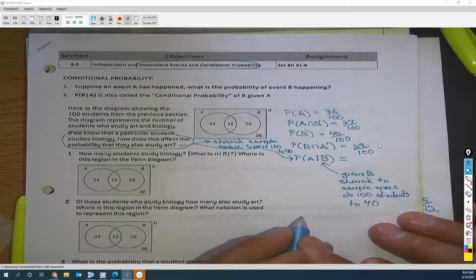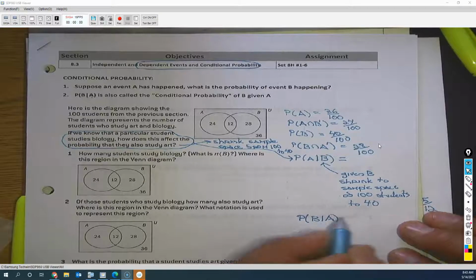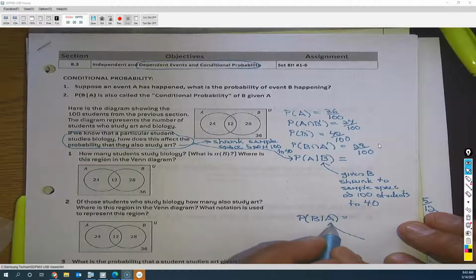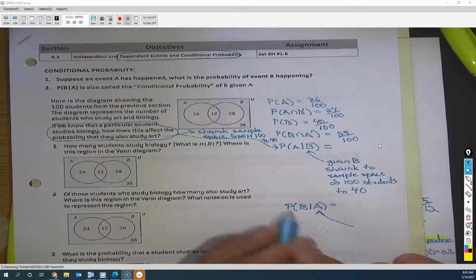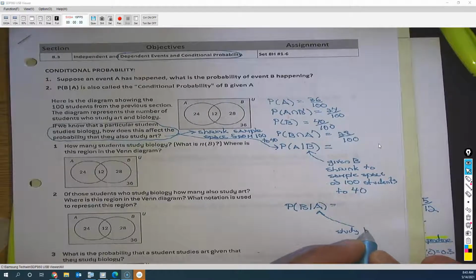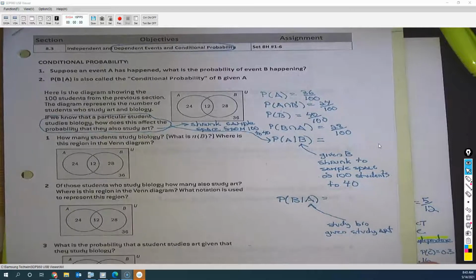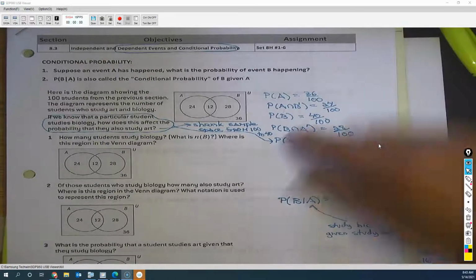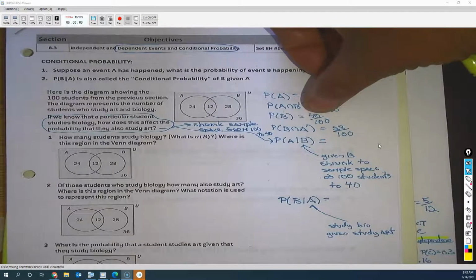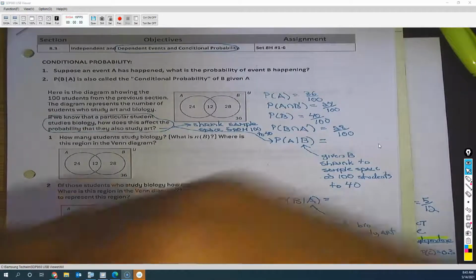Now, what if I wrote it like this, P(B|A)? This one would be studies biology given they study art. Studying biology, we did up here, it was 40 out of 100. But now you're restricting it to only kids that first study art.